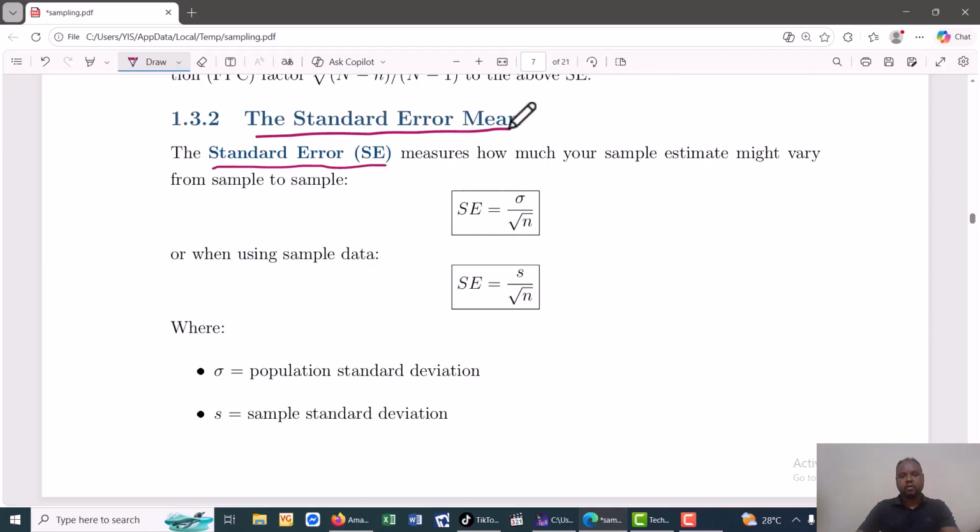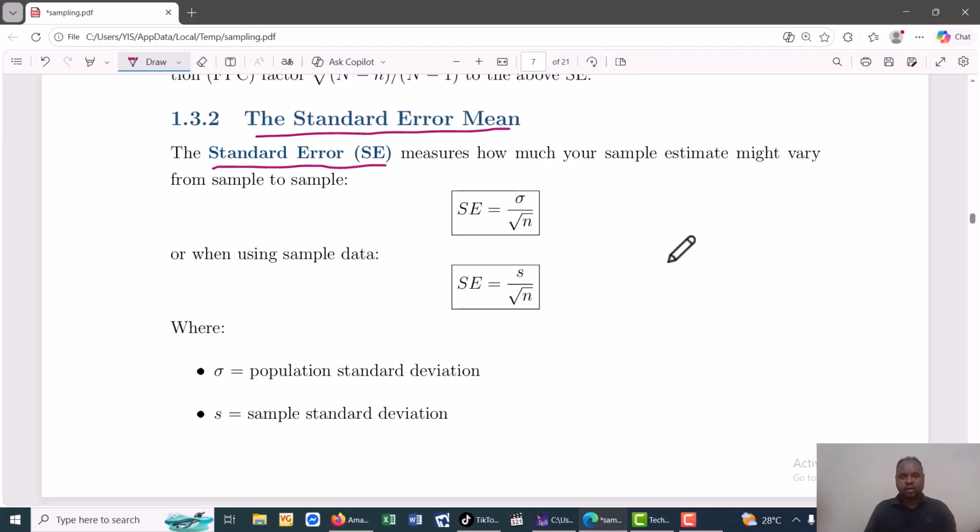What is standard error? Standard error measures how much your sample estimate may vary from sample to sample, right? This is collectively known as sampling error measurement. If the variable under study is quantitative, it is obvious that we aggregate its summary using mean.